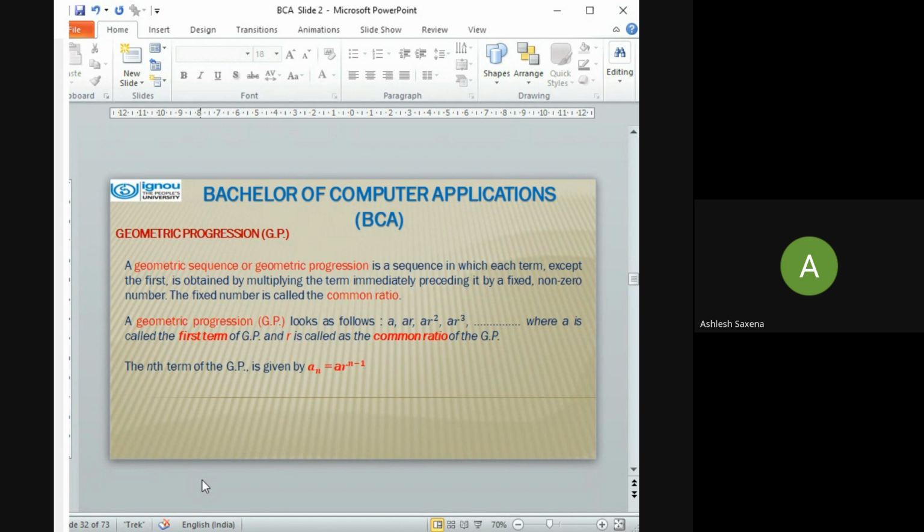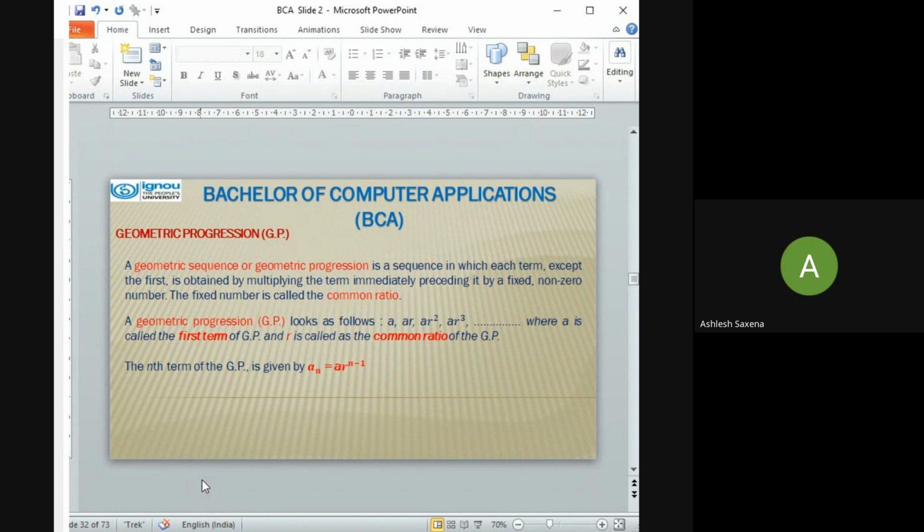Common ratio is denoted by R, and in arithmetic progression, we had a common difference, denoted by D. There, we had A plus D, A plus 2D. Here, we will have A, AR, AR square, and so on.